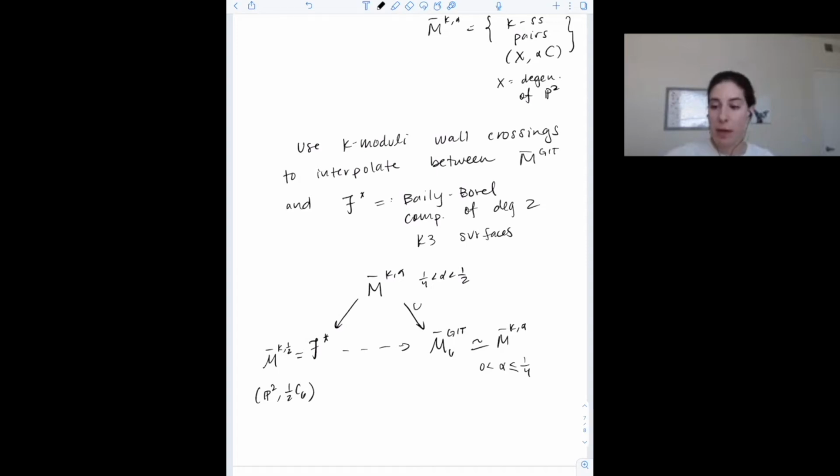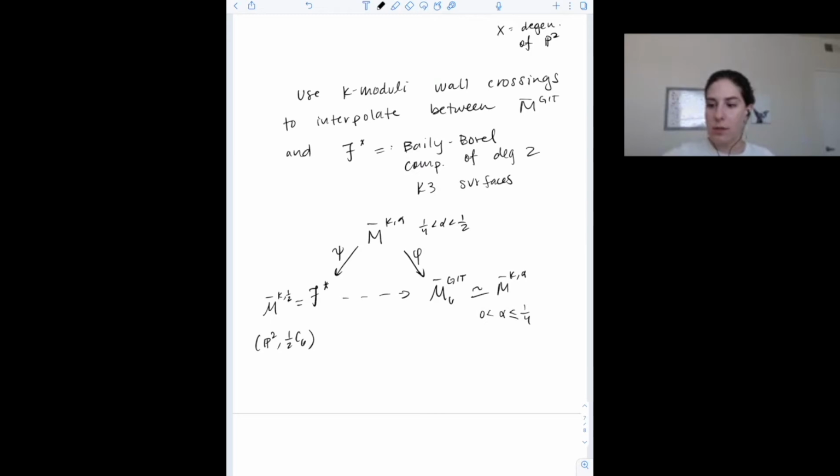And both of these maps have explicit descriptions. So the first wall crossing φ is a Kirwan partial desingularization of a particular point in the GIT moduli space, which is a triple conic.